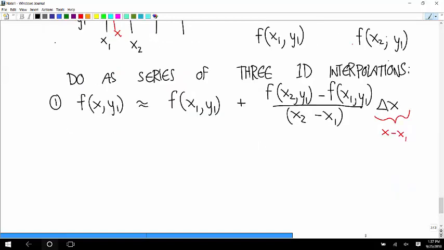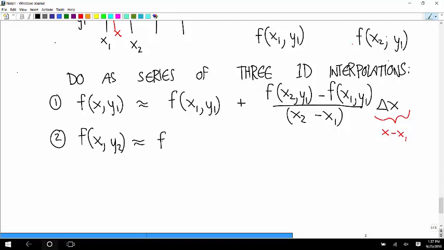Then the second one, what do you think the second one's going to be? Yeah, so now we're going to approximate f for x and y2 and do the same thing we did here, except any place that y1 was plugged in the first step, y2 is going to be plugged in the second step.